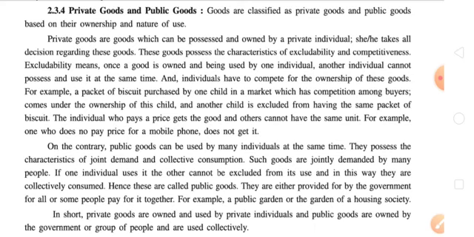First one is private goods, in which we are having the exclusive rights of using these goods. And second one is public goods, where there is no clear-cut ownership of anyone. Sometimes it belongs to the government and sometimes it belongs to society at large. But the classification of private goods and public goods is based on their ownership.